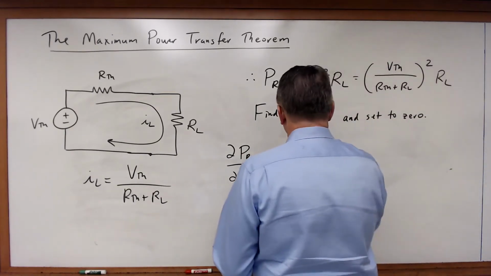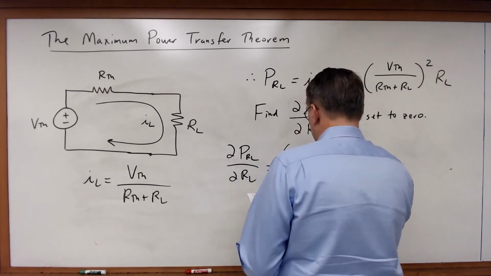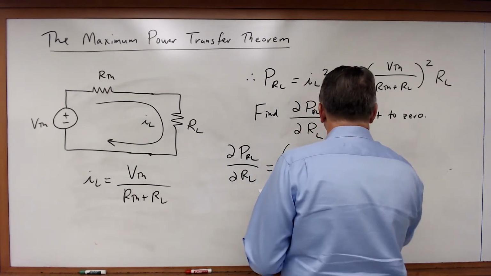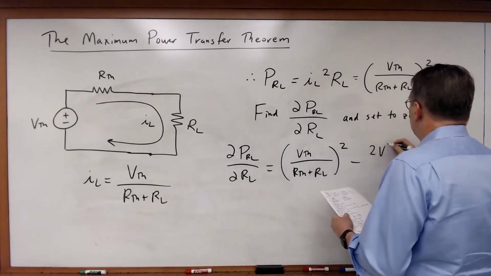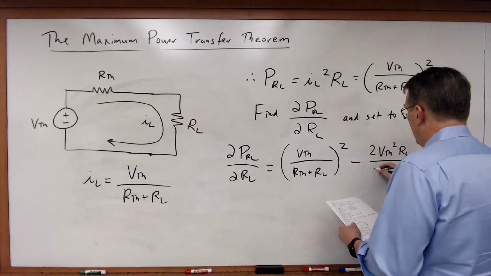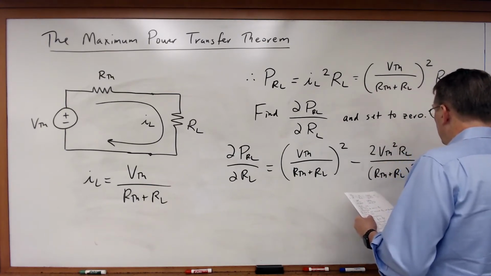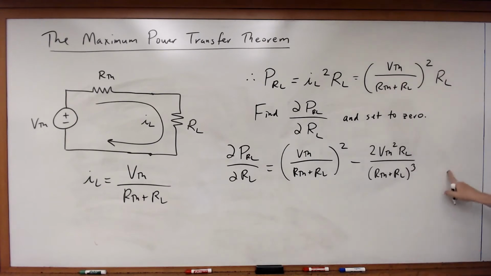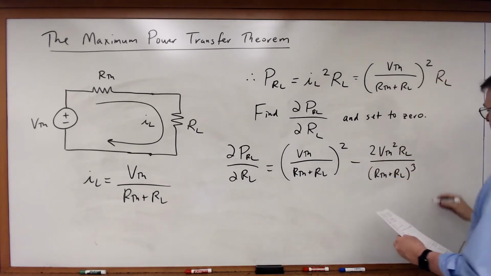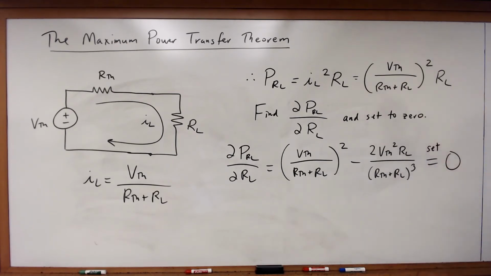This will be equal to VTH squared over RTH plus RL squared, minus 2 times VTH squared times RL over RTH plus RL to the third power. So I've just taken that derivative, I get this result, and I set it equal to 0.